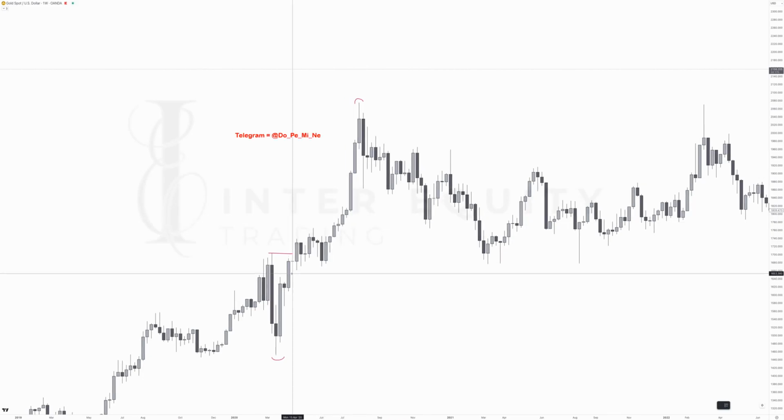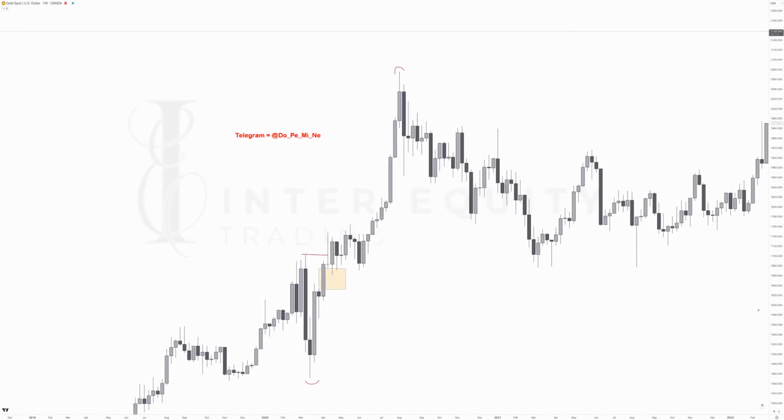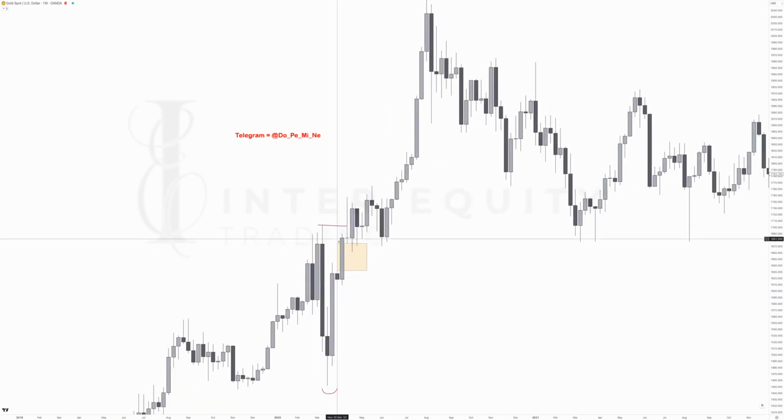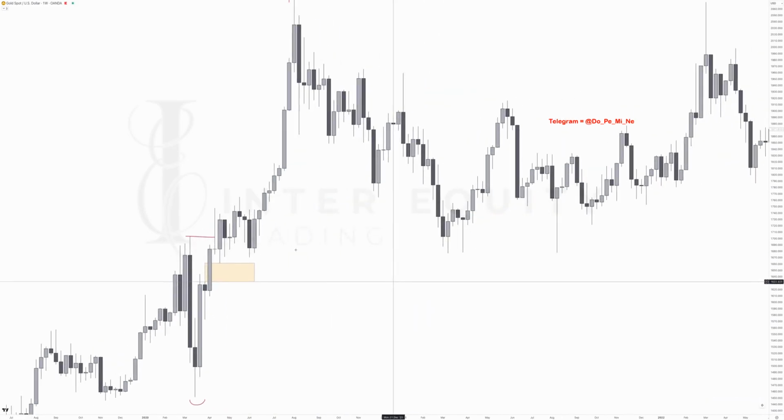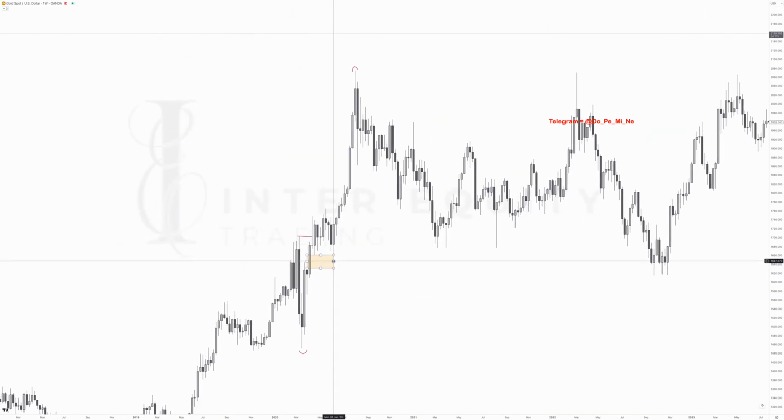So number one was right here. This was imbalance number one, and you can see that right after creating this imbalance, price immediately pulled back, right, tapping into this imbalance, filling it up partially, okay? So the market filled that imbalance partially and then moved away. So you can expect price coming lower and filling this up at some point.